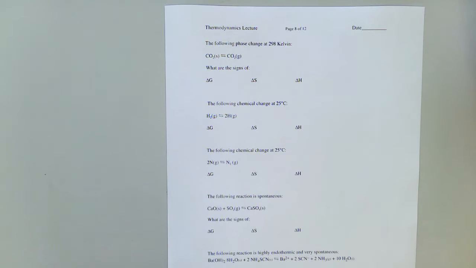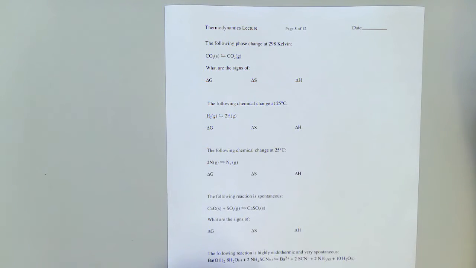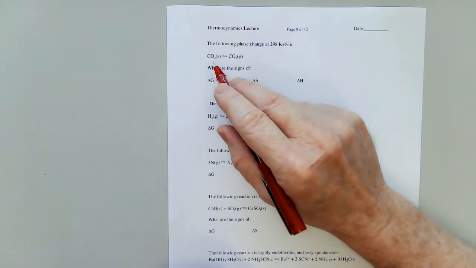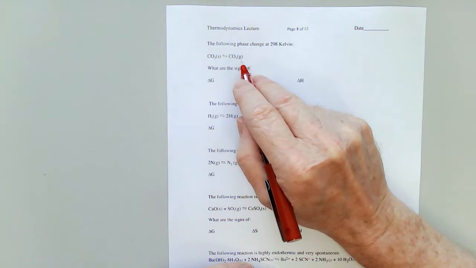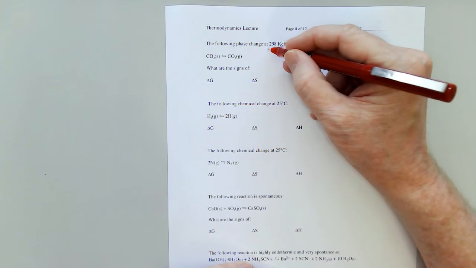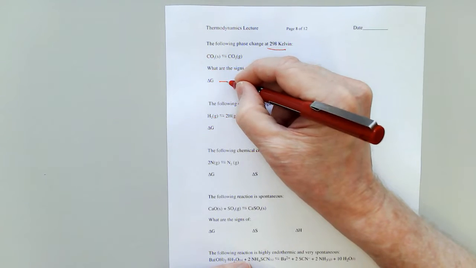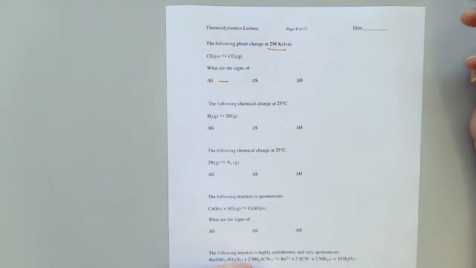So we're on page 8 of the AP Chem outline dealing with thermodynamics, and we're continuing the ideas from the last few pages about free energy and spontaneity. So we're going to look at another phase change still. Carbon dioxide solid going to carbon dioxide gas. That is dry ice subliming, and we know that dry ice sublimes at room temperature, which means delta G has to be negative.